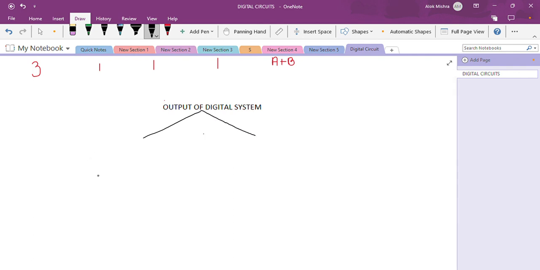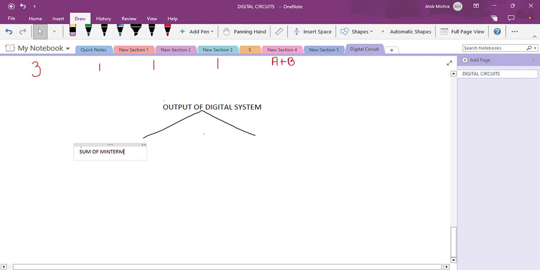In the first section, sum of minterms corresponding to y equals 1, right? And in the maxterm case, product of maxterms corresponding to y equals 0. Very good.